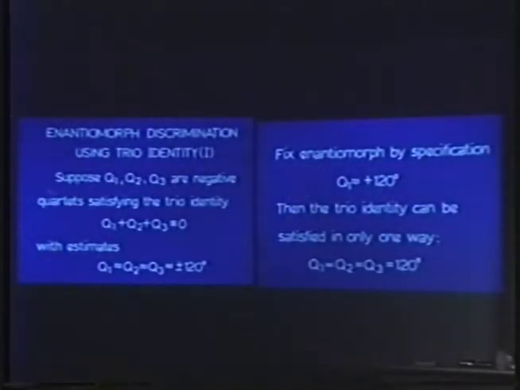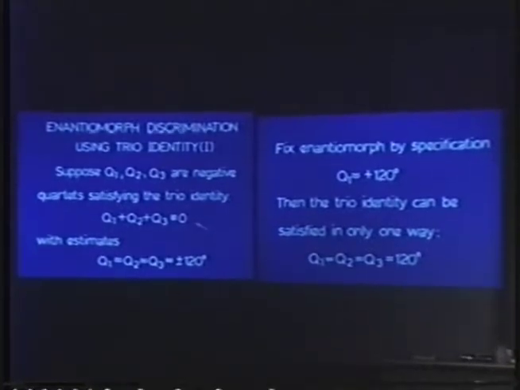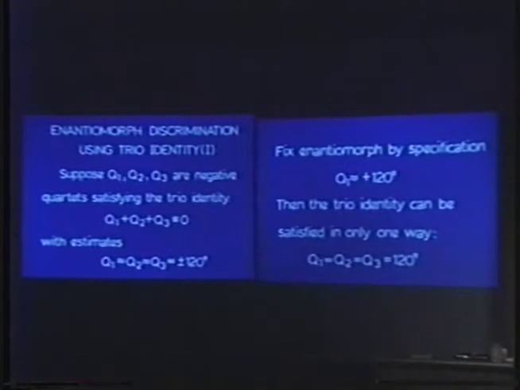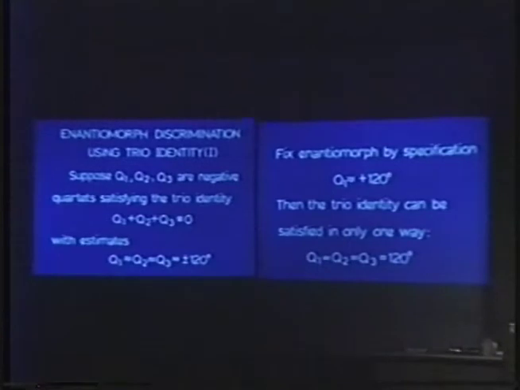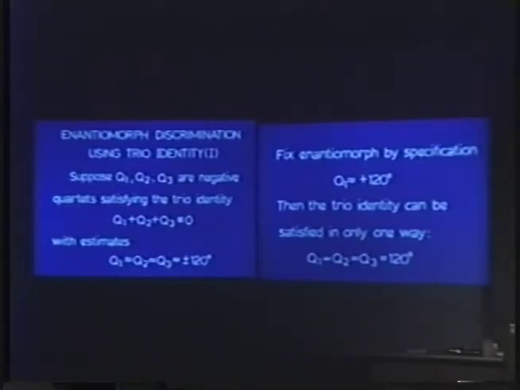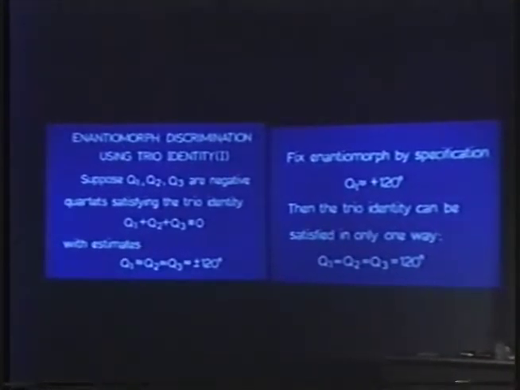But let's see what happens with the negative quartets. I'm assuming that Q1, Q2, and Q3 now are negative quartets which satisfy the first of the trio identities. The sum of the 3 quartets is equal to 0. Since the quartets are negative quartets, their estimates lie between 90 degrees and 180 degrees, in contrast to the case of the triplets, where the estimates of the triplets must always lie between 0 and 90, because the expected values of the cosines of the triplets are always positive.